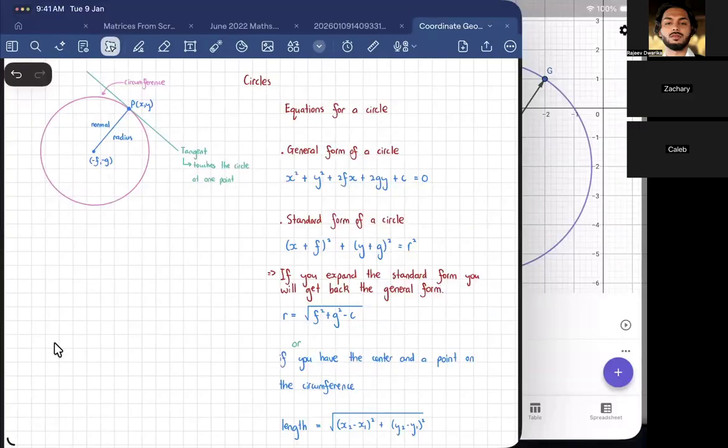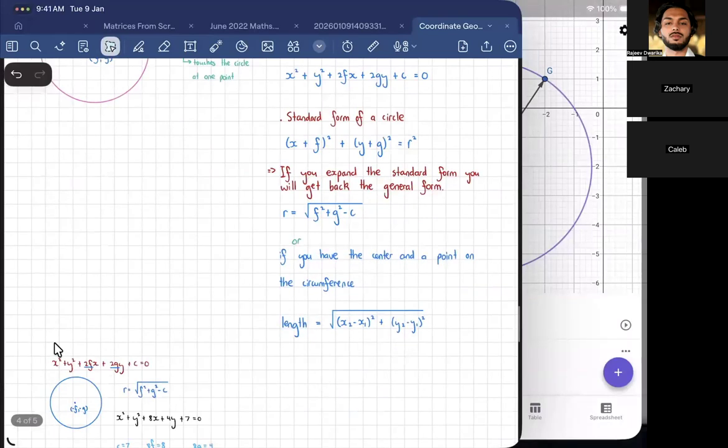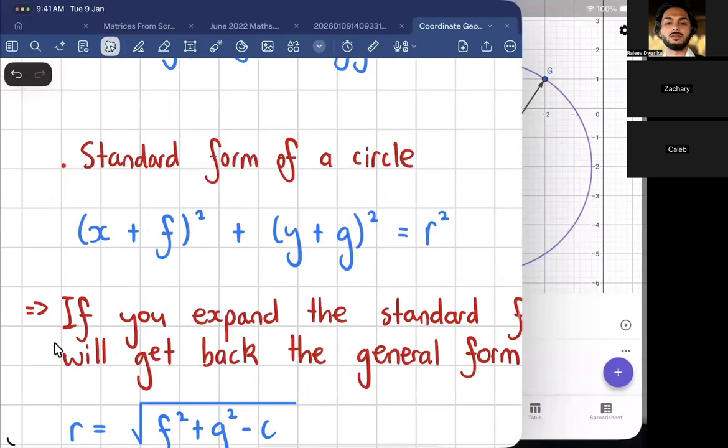Right, so Caleb, this is the standard form of a circle. Say the standard form of a circle for me. (x + f) squared plus (y + g) squared equals r squared. Great. Now, what could we use f and g to find from a circle?